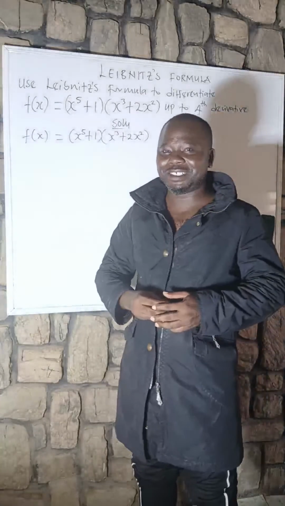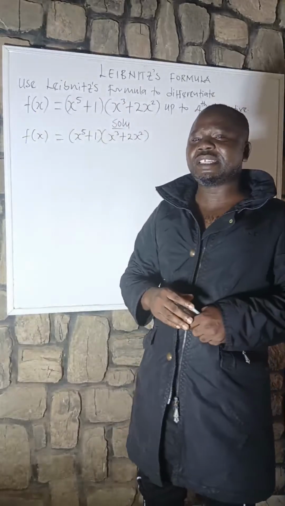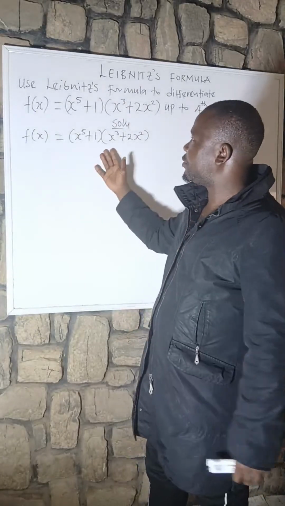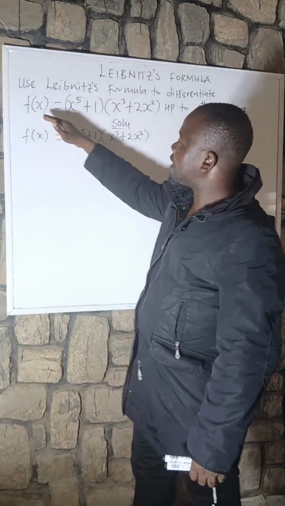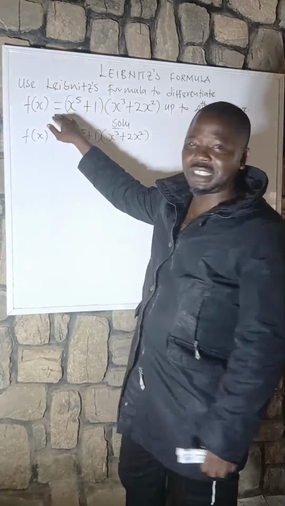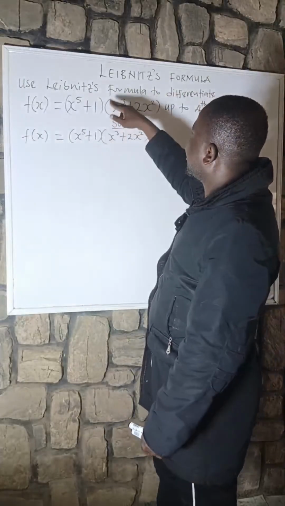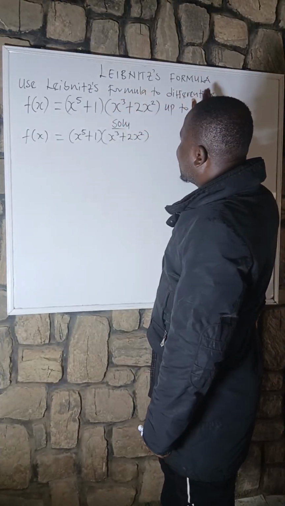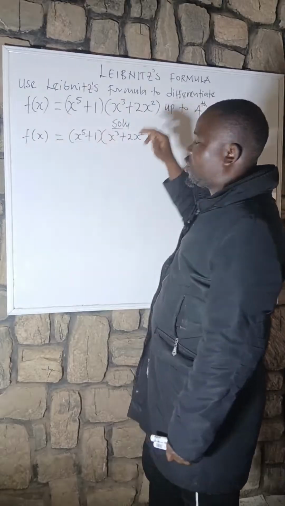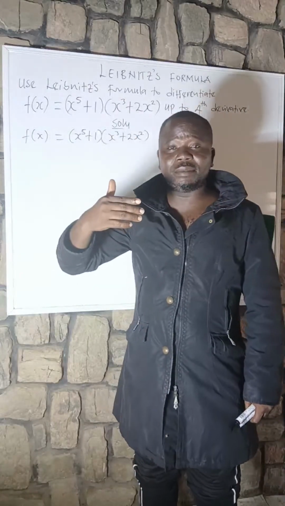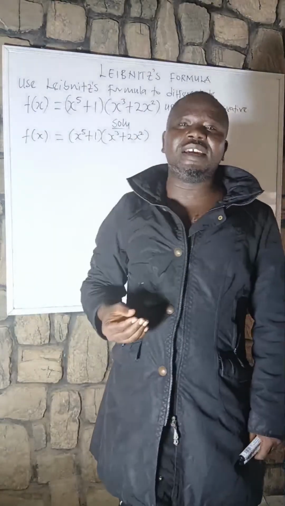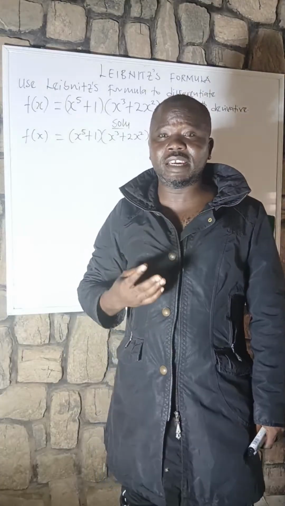No. But supposing they said just differentiate this function. Yeah, but there is a condition attached to this function. They said use Leibniz's formula to differentiate this function. Up to how many times? Fourth time.